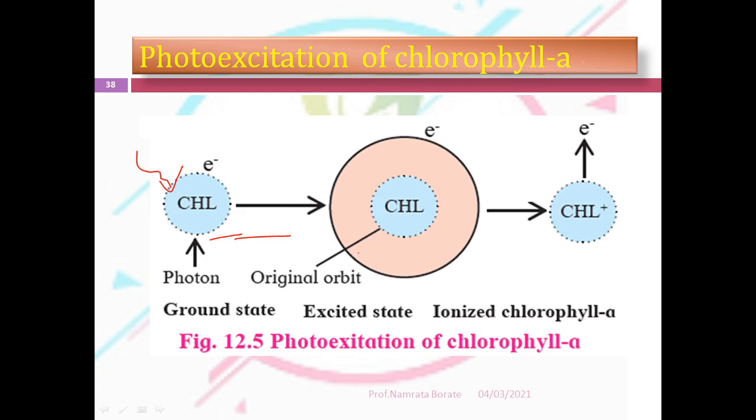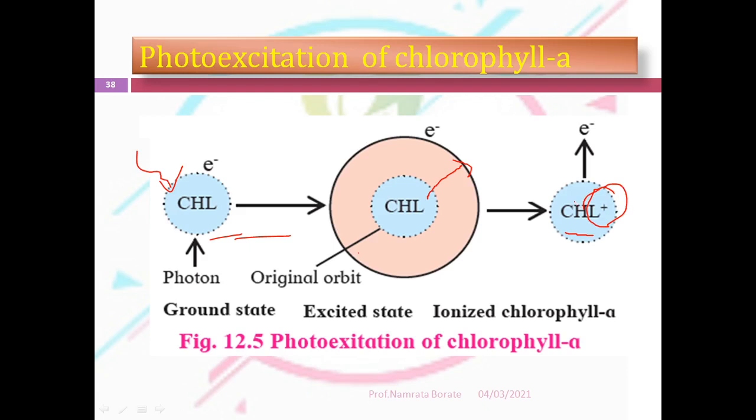Due to the excitation, it emits an electron towards the outer orbit. Due to the loss of the electron, chlorophyll A enters into the ionized state, so chlorophyll A becomes positively charged.